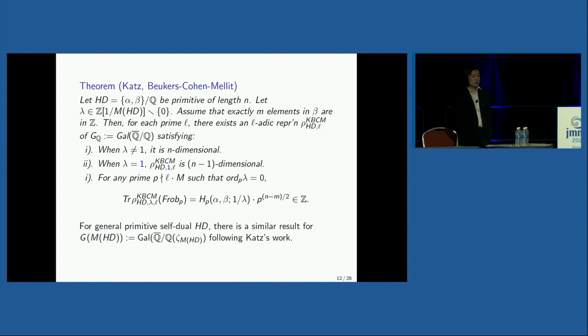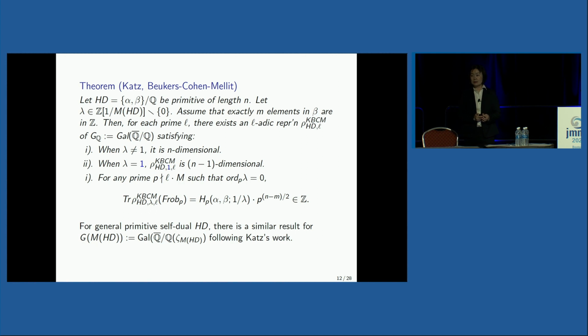And you also know the dimension. When lambda is not 1, the dimension will be the same as the length of the datum. If lambda is 1, however, there is a one-dimensional drop. So it's n minus 1 instead.